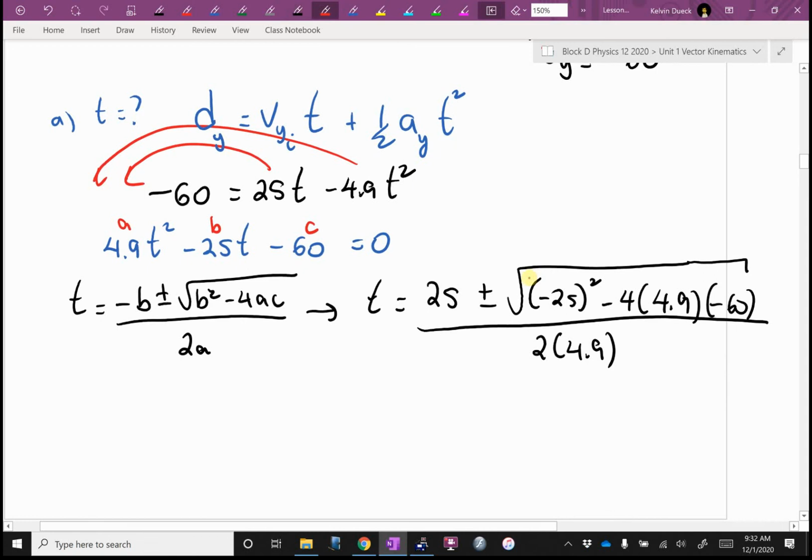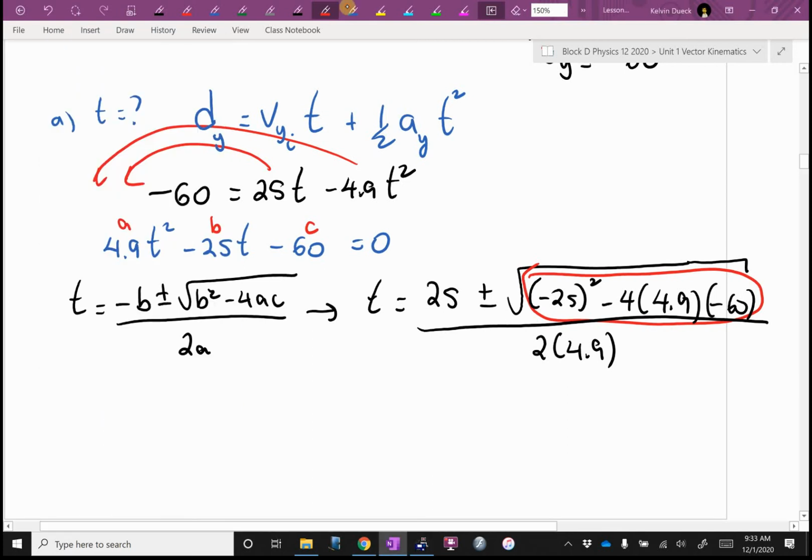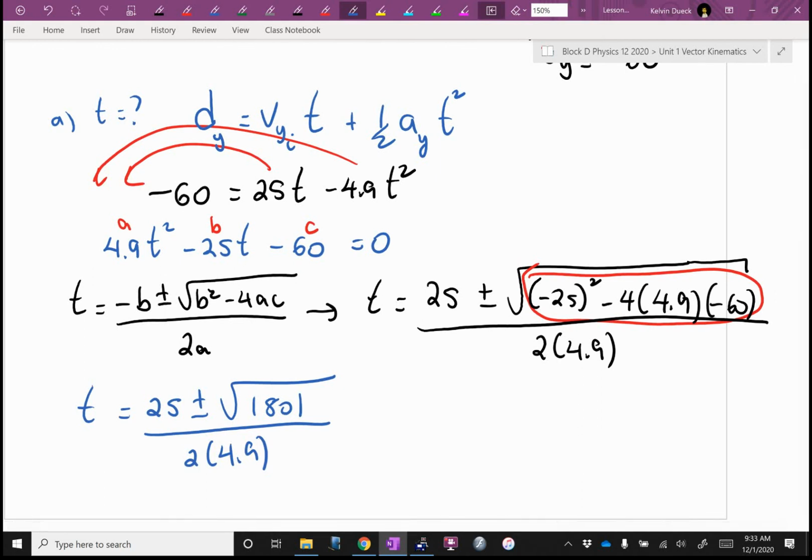I tend to quickly crunch that. Bracket negative 25 close bracket squared minus 4 times 4.9 times negative 60. Inside the square root is 1801. So I would go t equals 25 plus or minus the square root of 1801, all divided by 2 times 4.9. In fact, I might even write 9.8 on the bottom because I can multiply anything by 2 in my head.